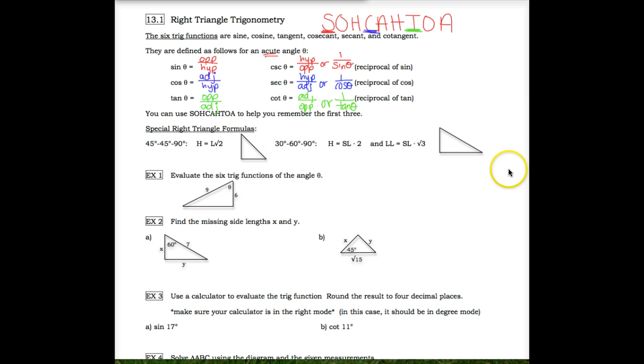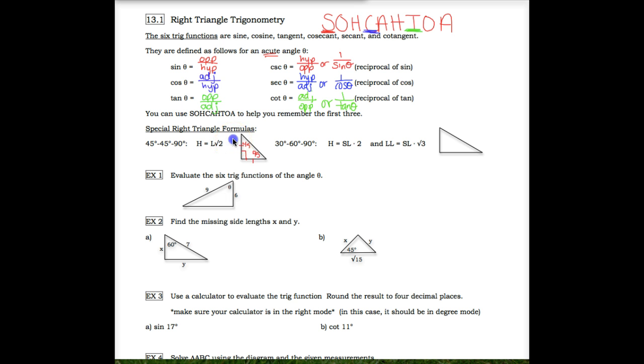The rest of what we are doing should be review. So we are looking at special right triangle formulas, a 45, 45, 90 triangle. If this is 90 degrees and these are both 45, that means that these 2 sides are the same. We call those the legs, and we call this, of course, the hypotenuse.